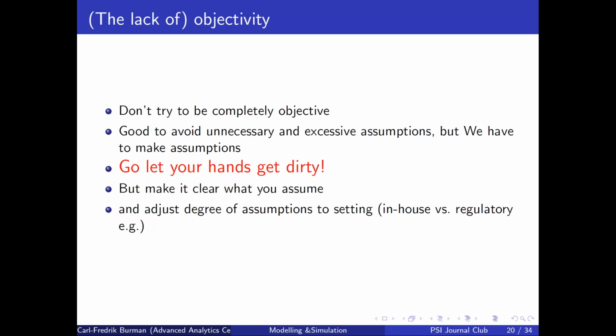So get your hands dirty. You have to get involved in making these assumptions. Be as transparent as possible, but assumptions are needed, and trying to be objective isn't really a way forward in many cases of modeling.